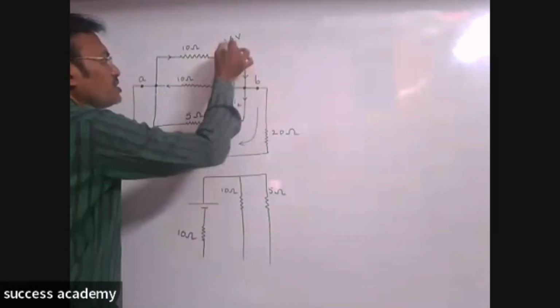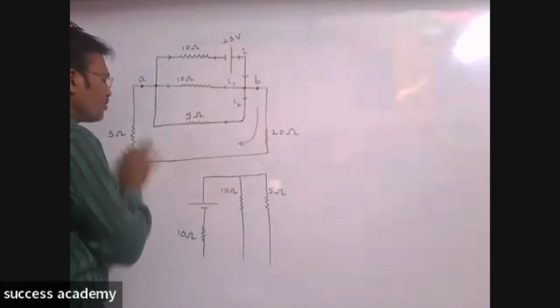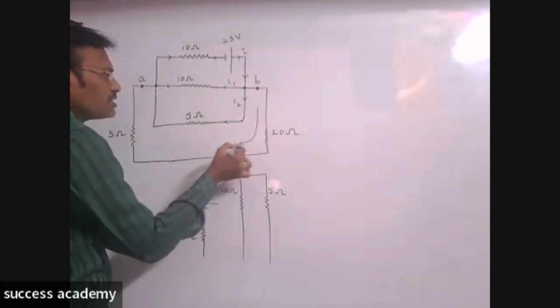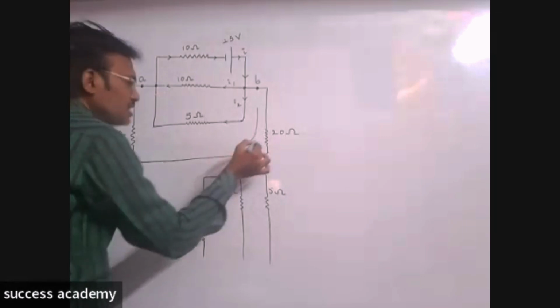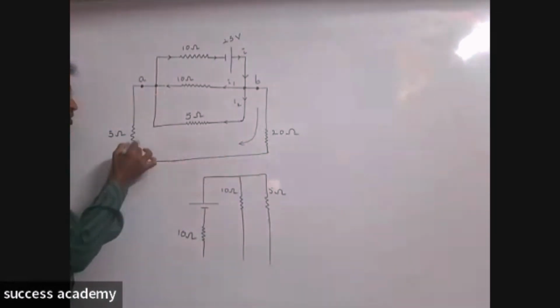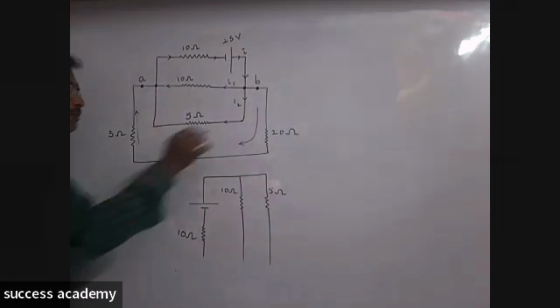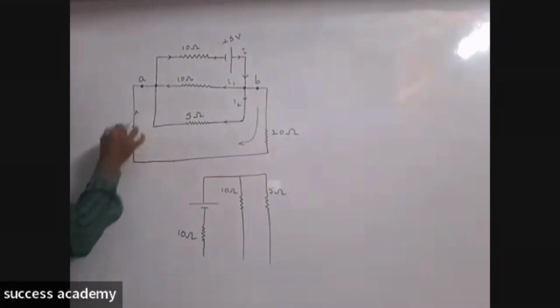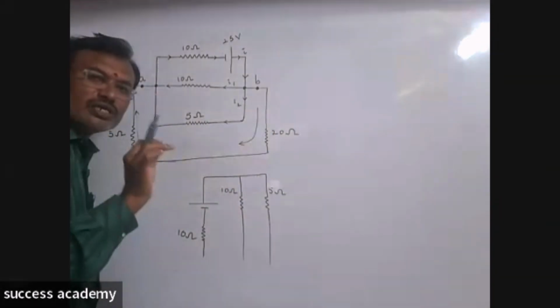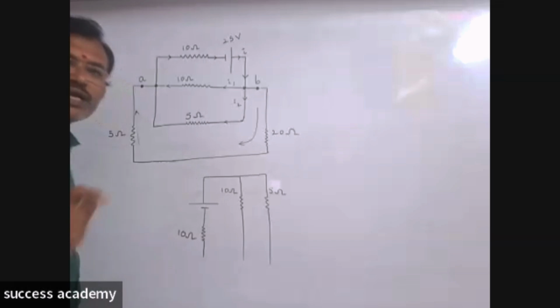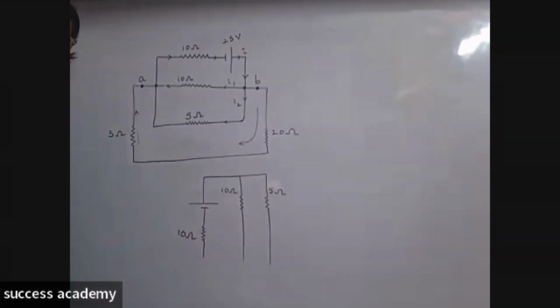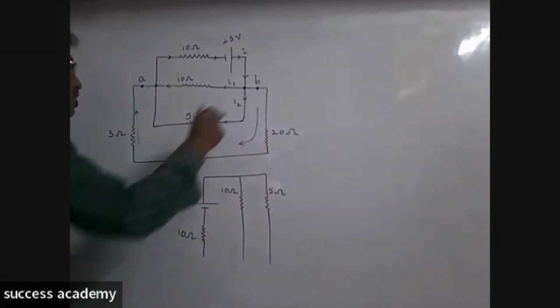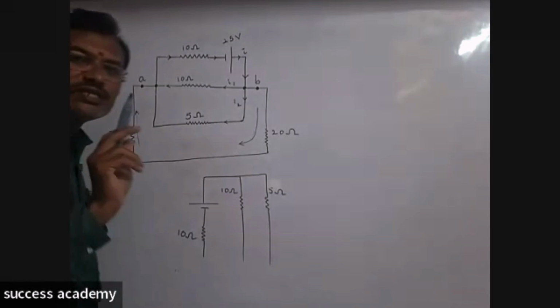Because this is towards the positive terminal side, and that's why I'm starting from here. Whatever current is passing through this 20 ohm resistance, the same current is passing through the 5 ohm resistance also. It means 20 ohm and 5 ohm: if the currents passing through the resistors remain the same, then we say that those two resistors are in series combination.